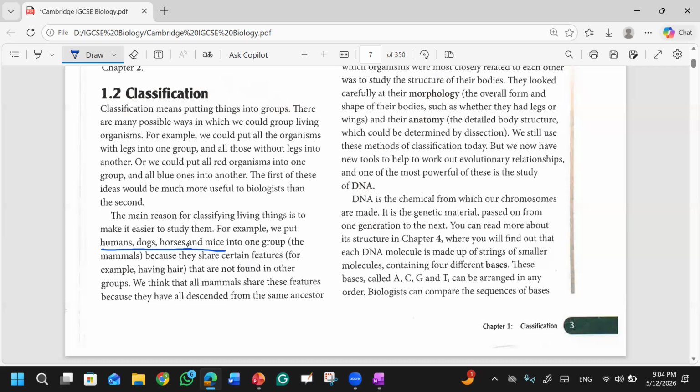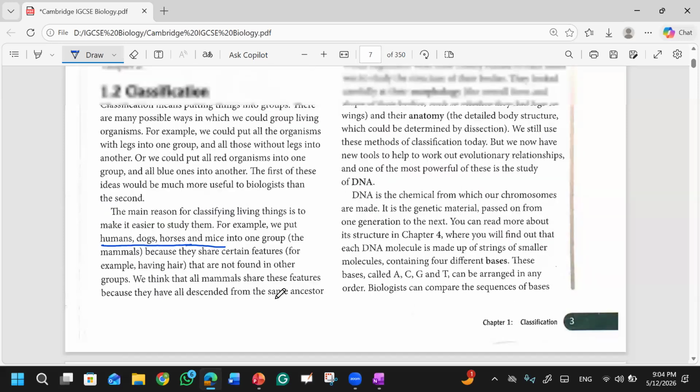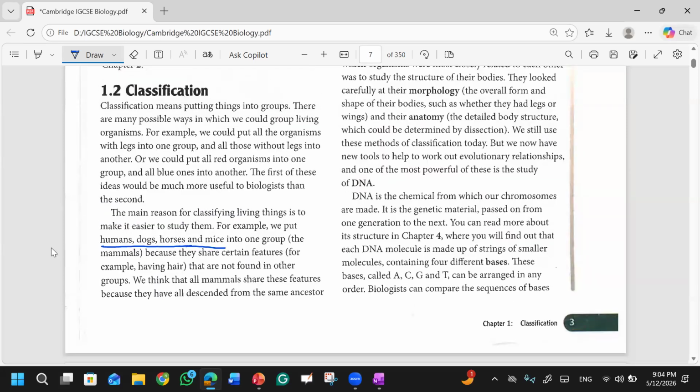That they have hair, and they produce milk. They have mammary glands, and they have hairs. And the mammals can reproduce as well, they can do sexual reproduction. So this was about the first classification system at the initial stages.